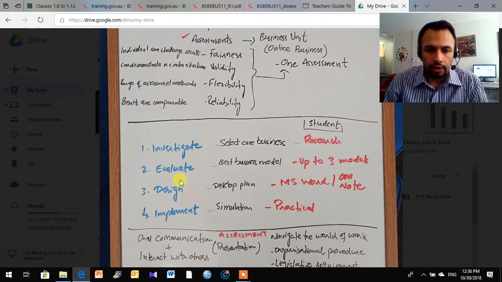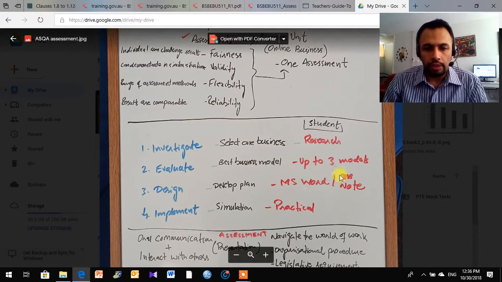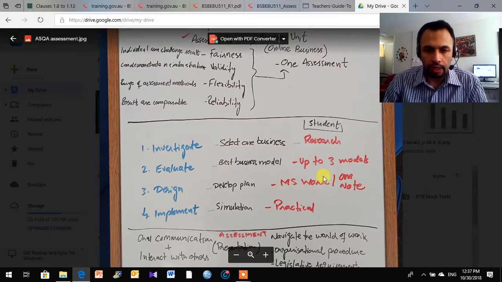The student will develop the plan and produce it visually on Microsoft Word or on OneNote. OneNote is quite good because it gives you freedom in moving or making diagrams with freehand. Microsoft Word has some limitations.